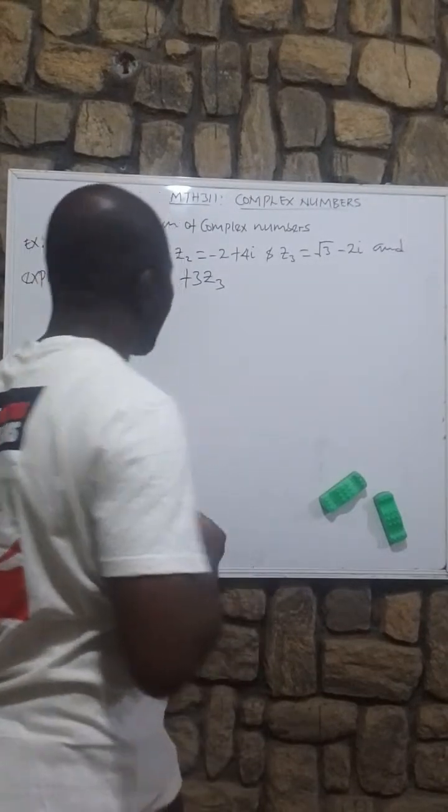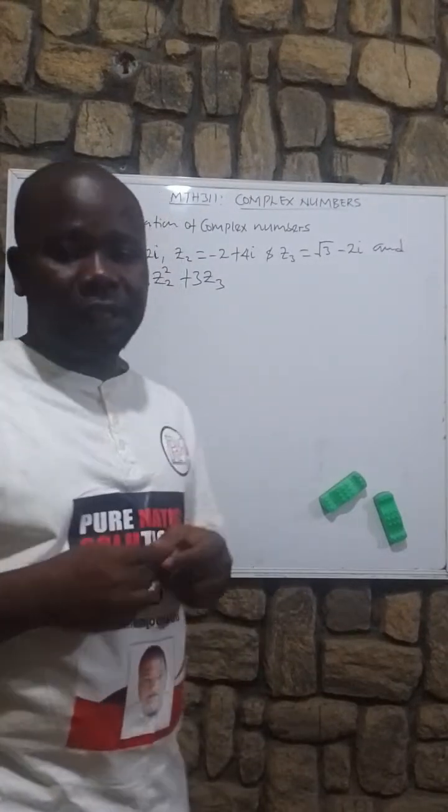Okay, yeah, it's simple as ABC. Is that clear? Very simple. Simple as ABC.